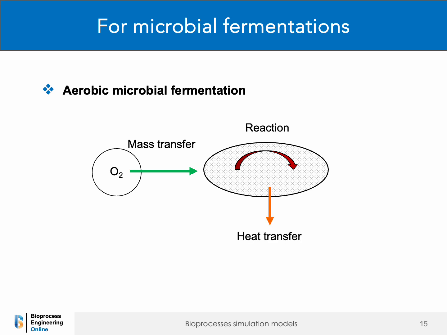Another potential limitation arises from the removal of heat generated by microbial activity during fermentation. The efficiency of heat removal is constrained by the rate of heat transfer at the fermenter's surface. Additionally, the processes of oxygen and heat transfer are intricately influenced by the flow patterns within the medium inside the fermenter.